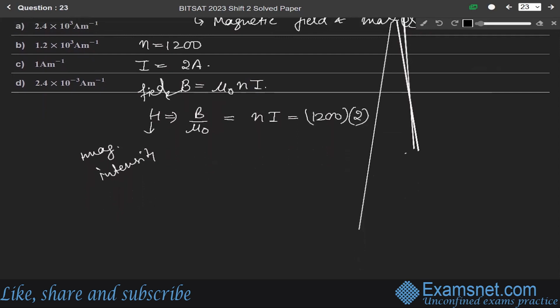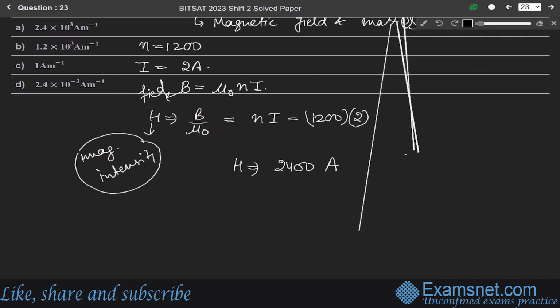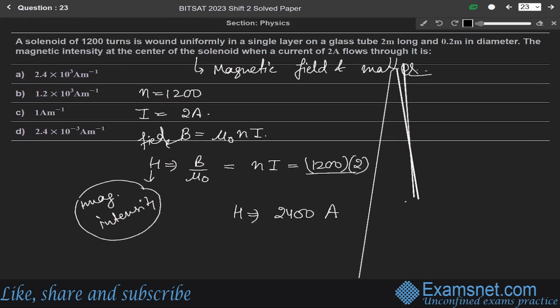And the current is given in terms of ampere. So just write 1200 into 2. So H will be equal to 2400 ampere. Sorry, we have to find the magnetic intensity in terms of per meter, so for per meter, divide this by 2 meter length.